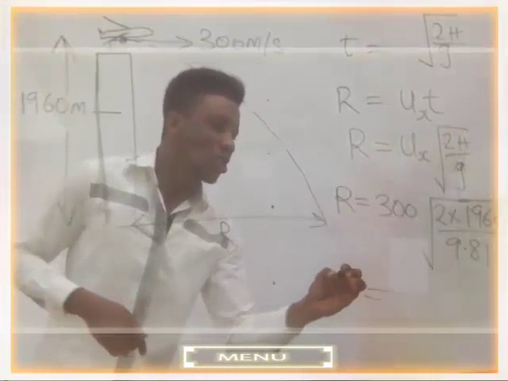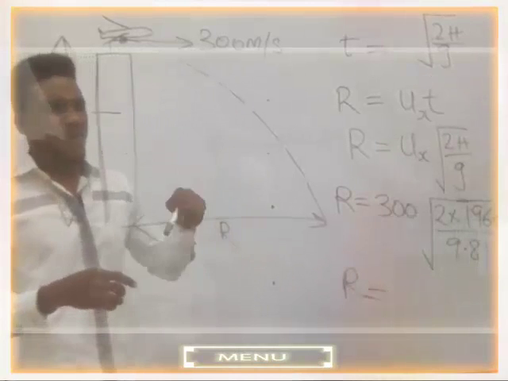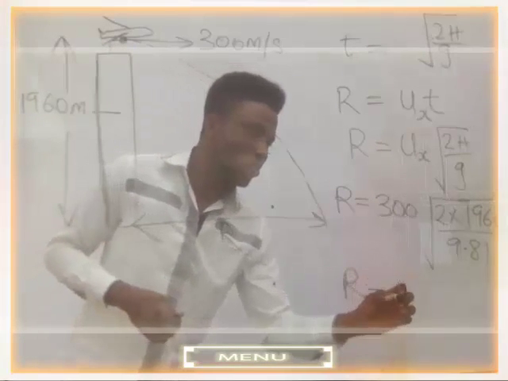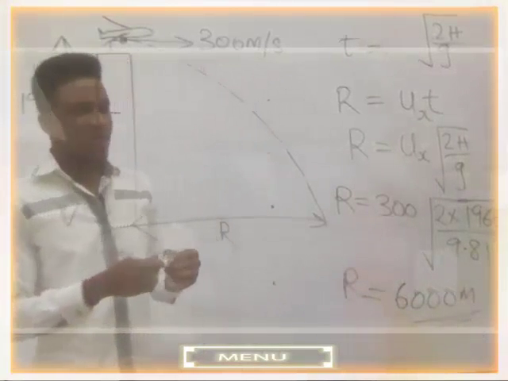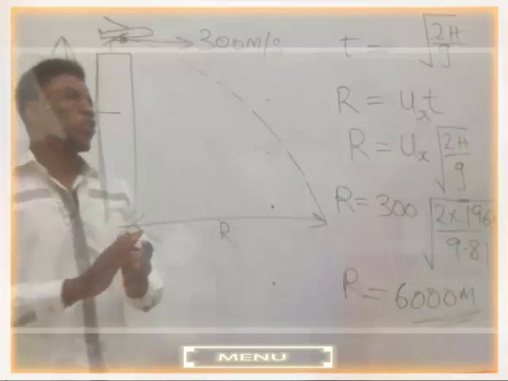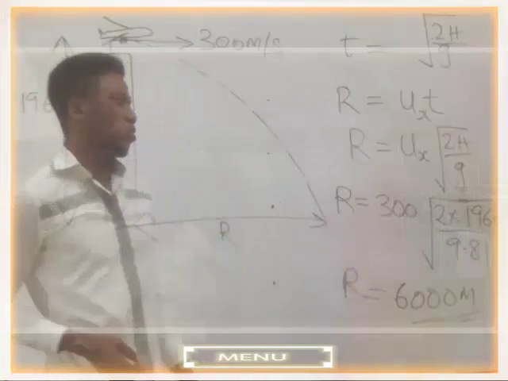If you punch this correctly into your calculator, you should have an answer of 6,000 meters. So this is how the second projectile motion question comes when we are concerned about the time and the range.